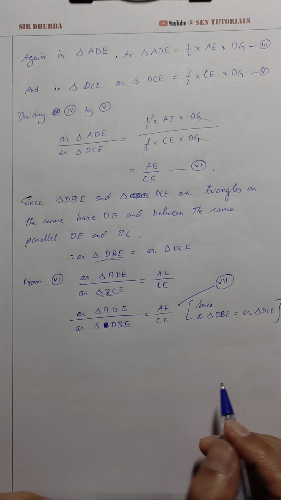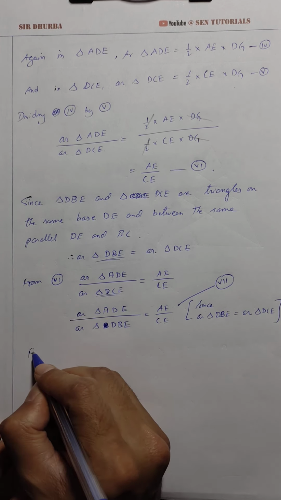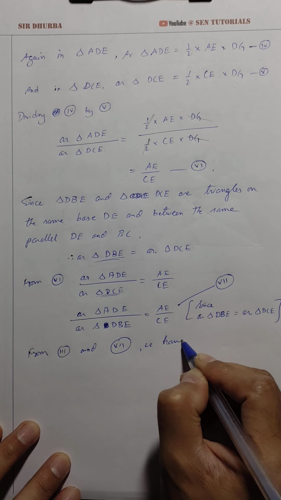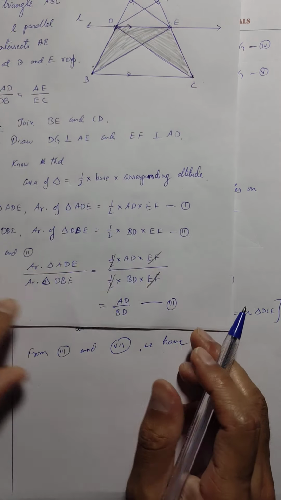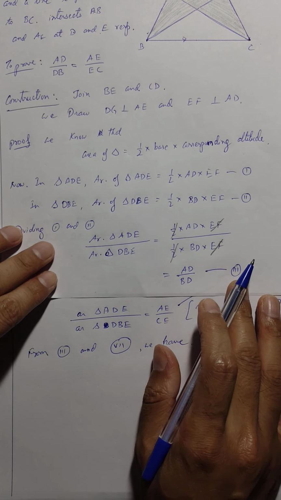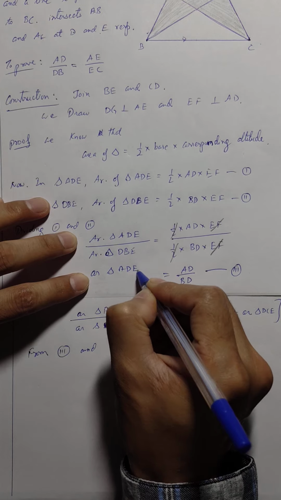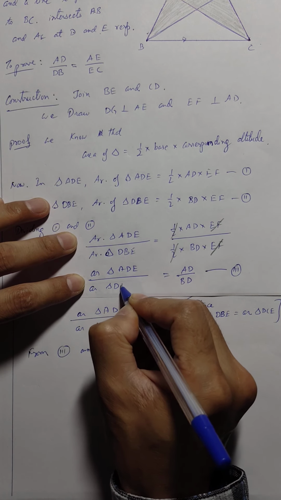Now if you look at equation 3 and 7, what do we get? See, equation 3 is this: area of triangle ADE divided by area of triangle DBE.